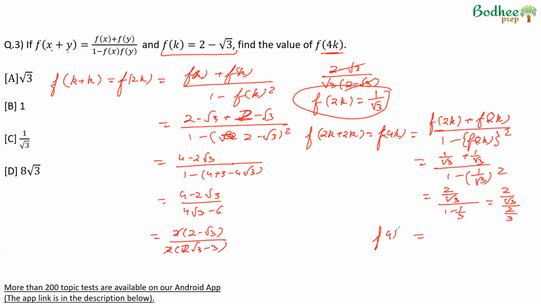And therefore, f(4k) will be 2/√3 into 3/2. 2 and 2 cancel, √3 cancels. We get the value of √3, option A.